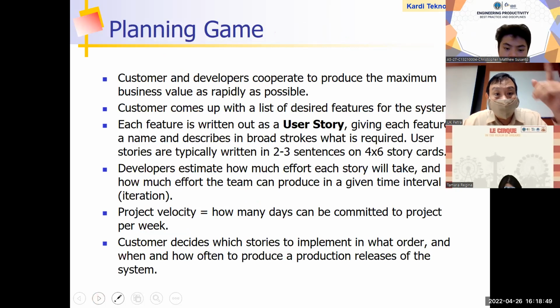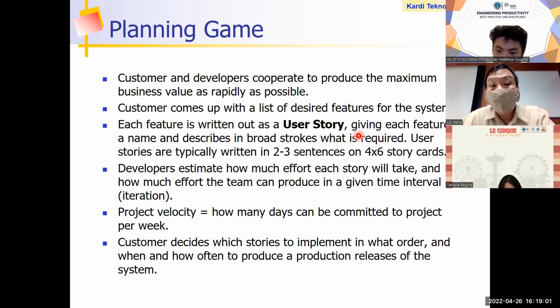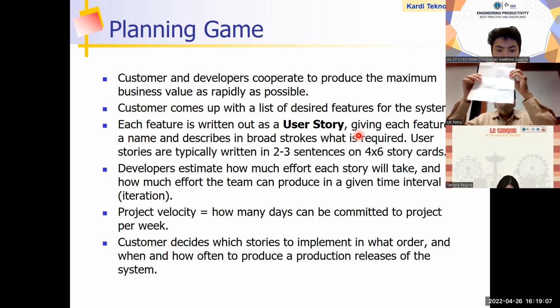Look at this planning game. This is important. So each feature requirement, right? Each feature is written out as a user story. Okay, what is this user story? Just paper. So this is one paper I divide into 8.